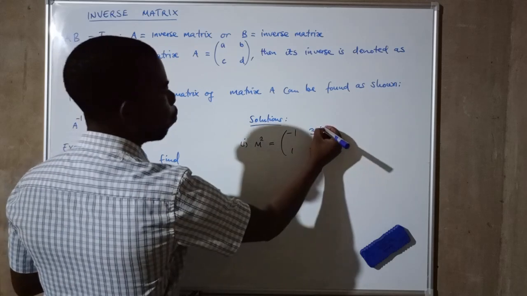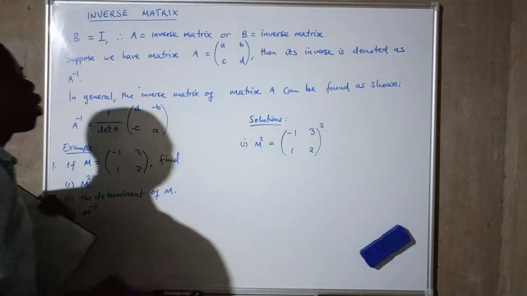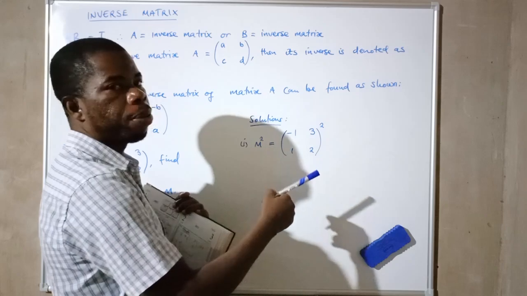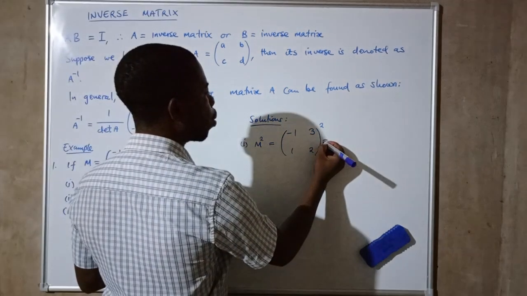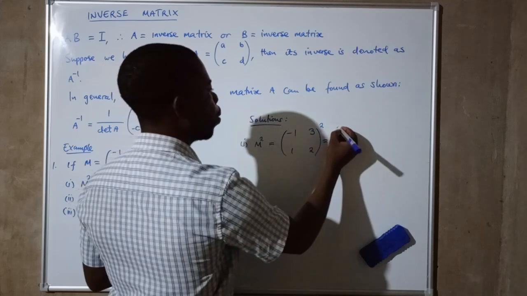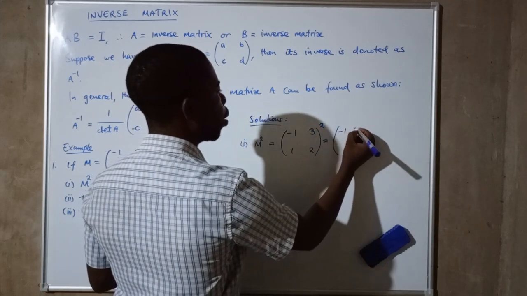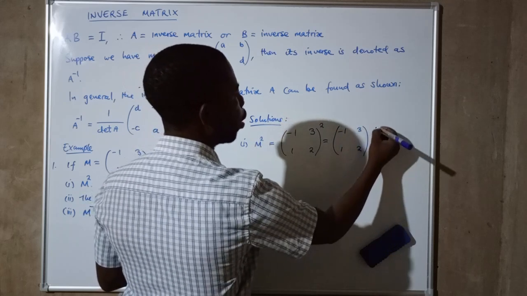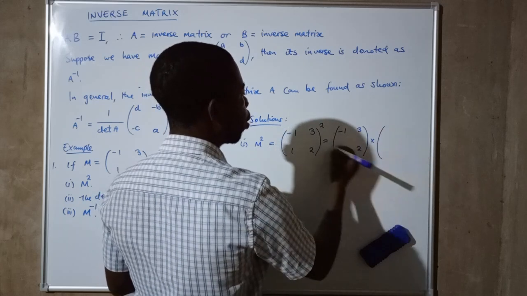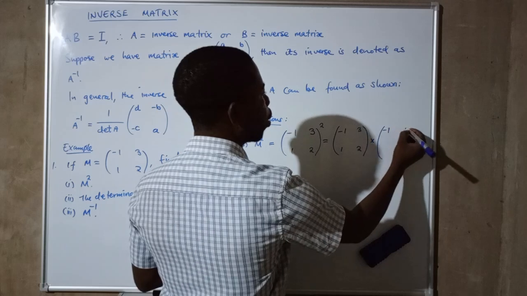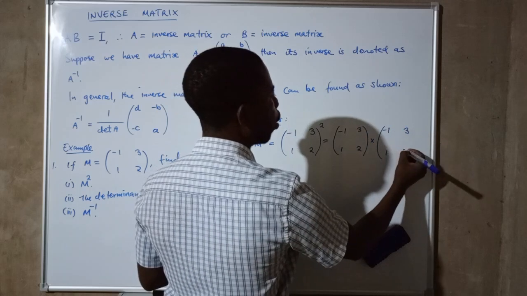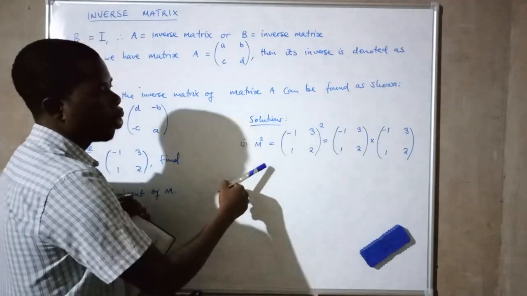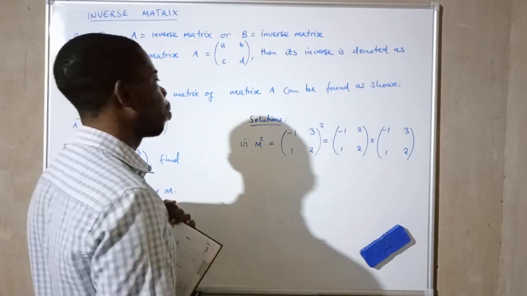Since it is squared, you put the square. Now squared means you are multiplying this matrix by itself. So we are multiplying it with itself, getting again negative 1, 3, 1, 2. Very important to understand these things.